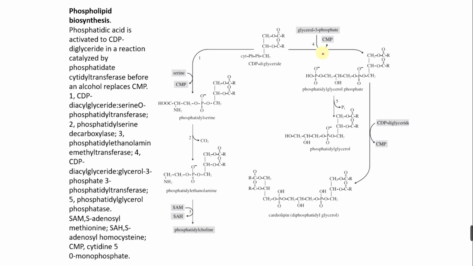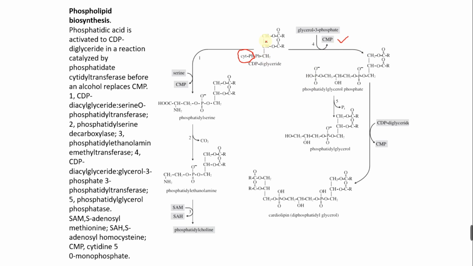The fourth reaction is that glycerol 3 phosphate reacts with CDP diacylglycerol, and after the reaction, again CMP is liberated. This is very simple: the CDP diacylglyceride and glycerol 3 phosphate are attached, and by the removal of this moiety, CMP is liberated.